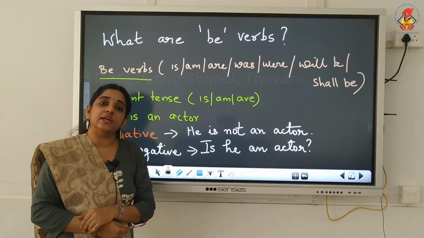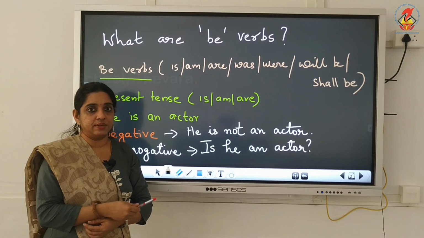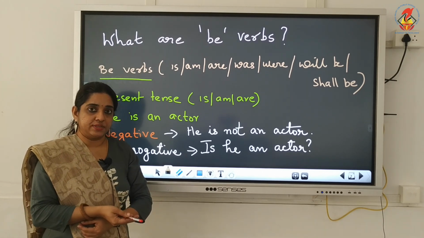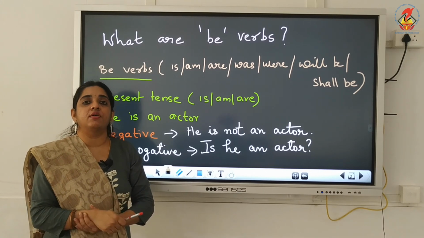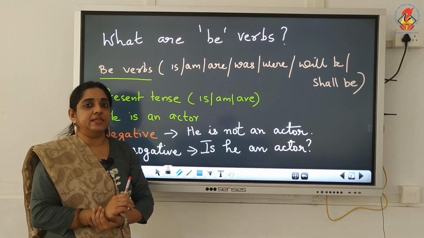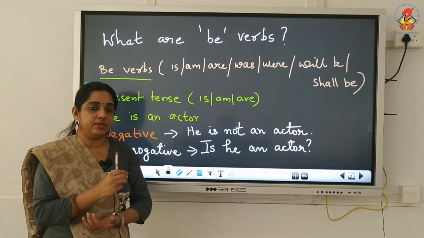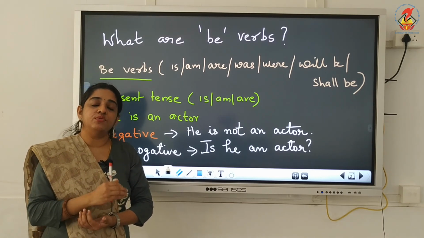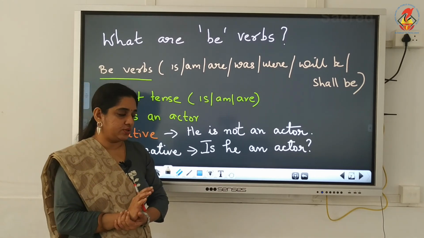Now we are going to study in which all contexts be verb is used, how it is used in simple present, present continuous, present perfect continuous, altogether called as present tense. Then past tense and future tense, how the be verbs are used and how you can make it negative, how you can make it interrogative. That is what we are going to study.